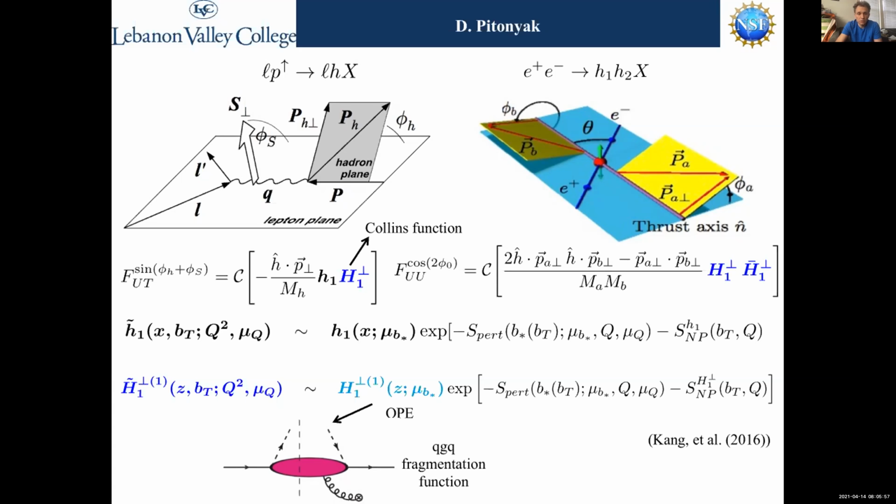Again, we can do an operator product expansion for the transversity TMD, and it will go through collinear transversity, the one that is important for the tensor charge, and the Collins fragmentation function can be related via operator product expansion to the twist-3 fragmentation function, or this matrix element, which is shown here.